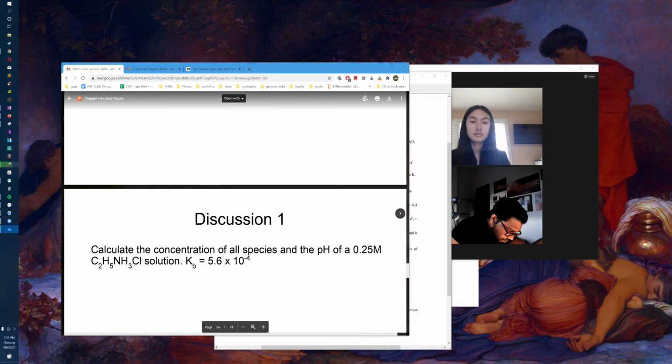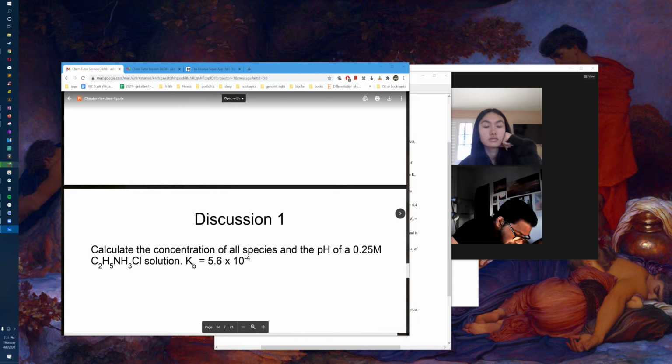Okay, Kb is 6.4 E negative 4. That's equal to, I guess I could just do x squared over 0.075, and solving for x will give us the OH minus concentration.